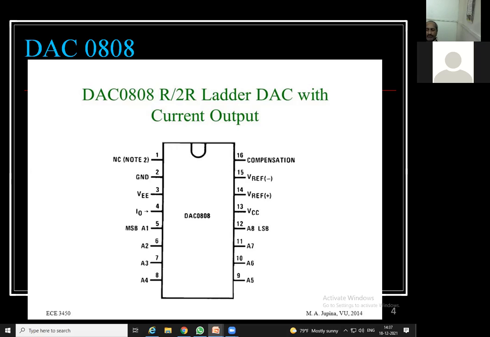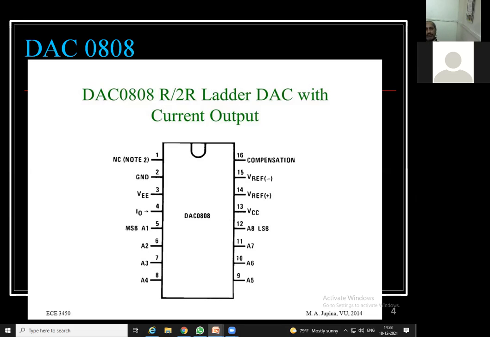So you are supposed to check the manufacturer's data sheet to see whether 0808 is for DAC or ADC, because the pinout is going to be different, and the number of pins is also different. One has 16 pins and that one has 24, and the pin nomenclature is also different.